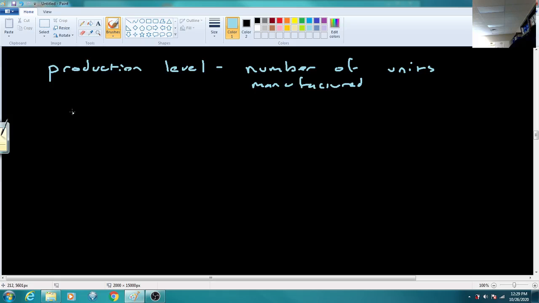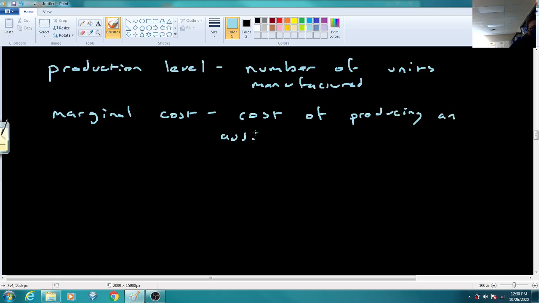And marginal cost is the cost to produce an additional unit. So marginal cost is the cost of producing an additional unit at a production level.